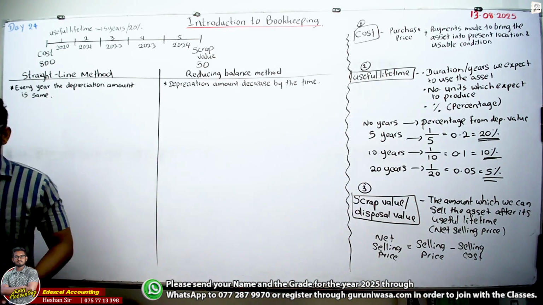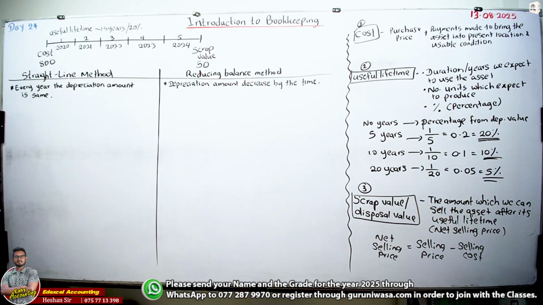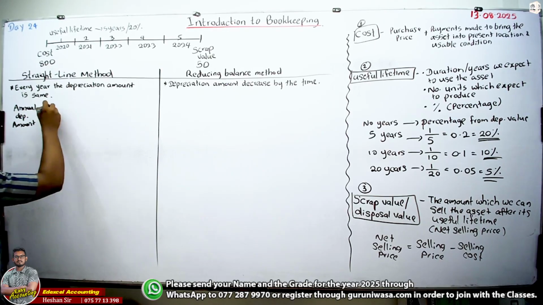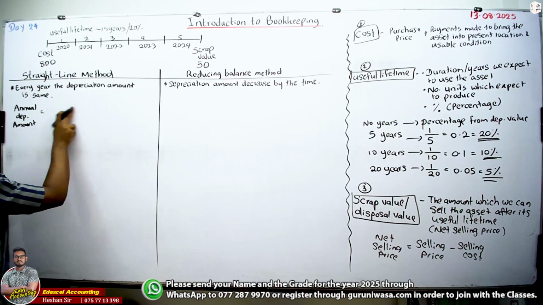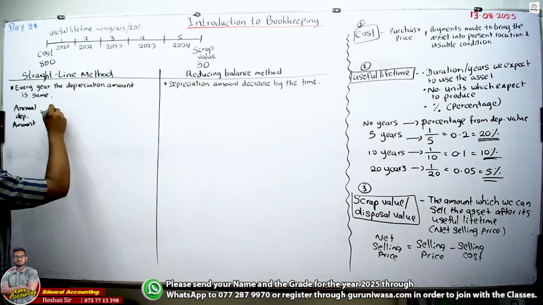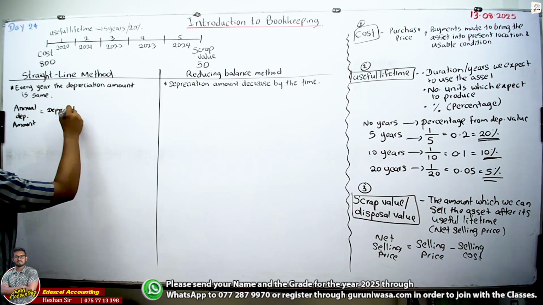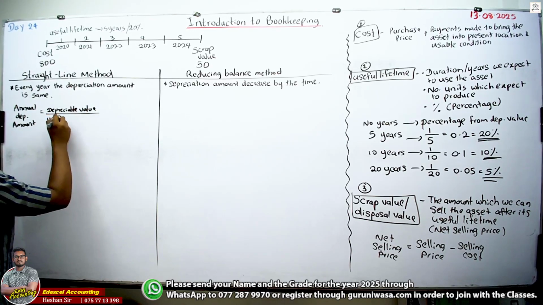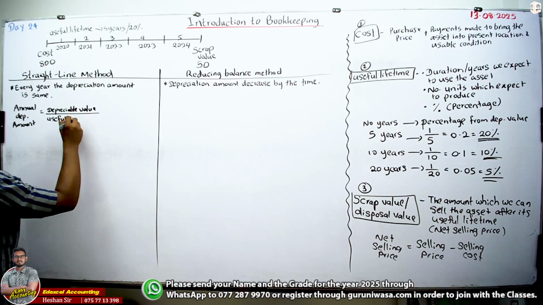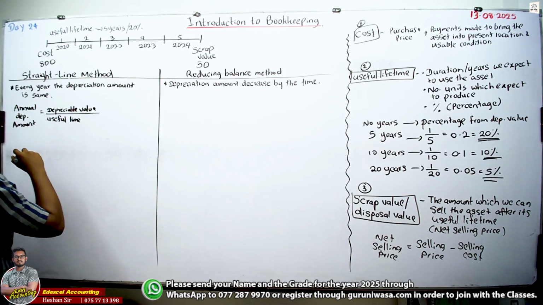Now, how to calculate the annual depreciation? Annual depreciation amount equals cost minus scrap value, that is the depreciable value, divided by useful lifetime.